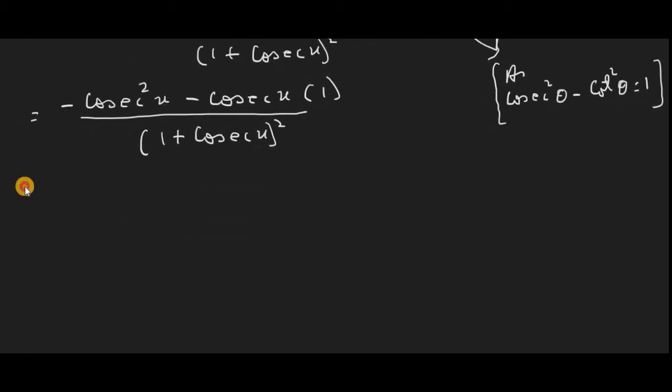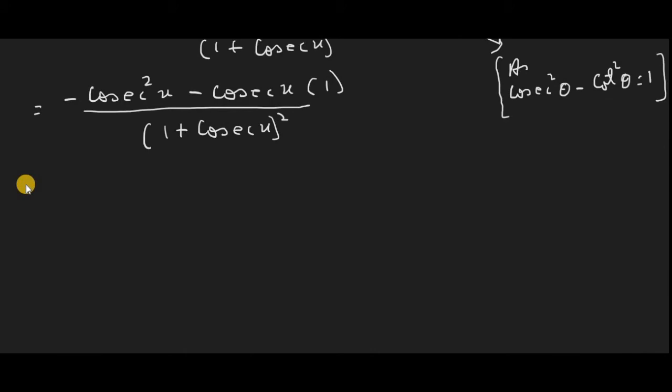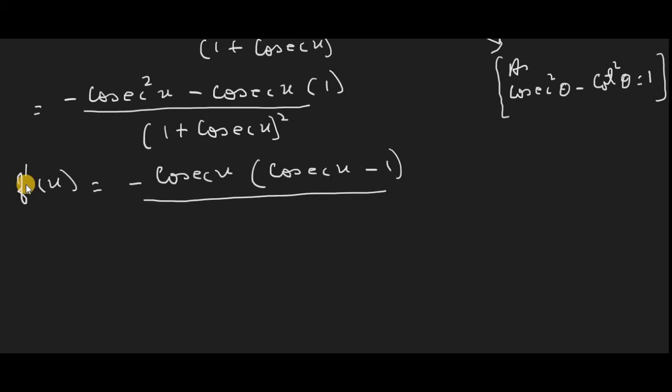Now we have f dash of x is equal to minus cosecant x minus 1, whole divided by 1 plus cosecant x whole square.